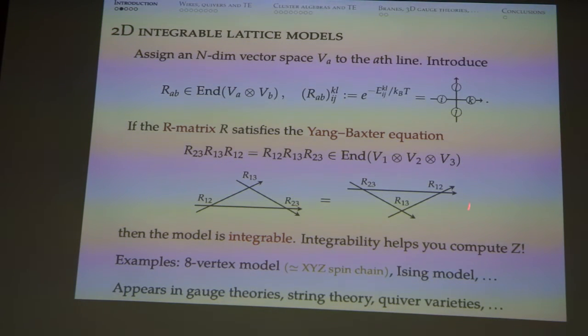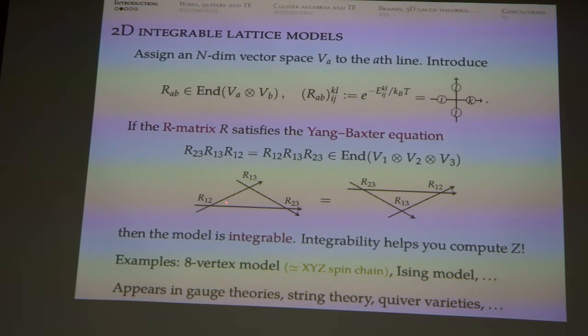So the graphical representation of the Yang-Baxter equation looks like 3 lines crossing, intersecting on a plane. Let's see that. So how do I read this? Well, you have line 1 and line 2 crossing here, and I assign this factor R12 to this intersection.